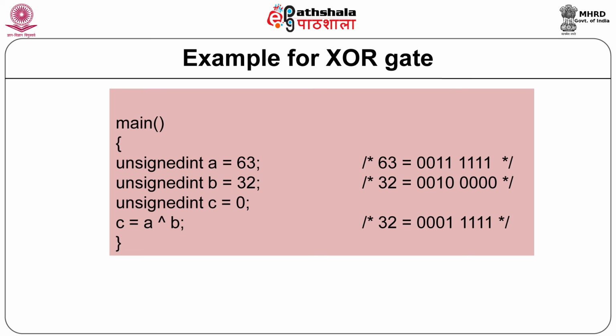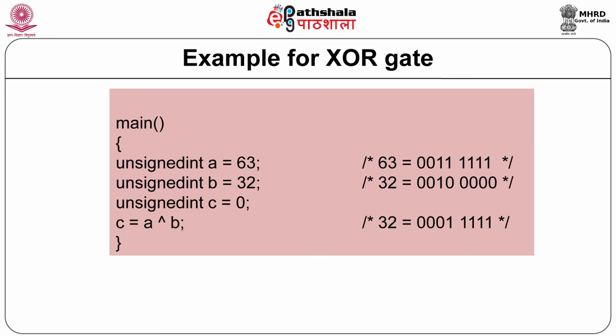This is the binary of 63. The binary of 32 is also given, and here we are considering C equal to A XOR B. It means the A binary and B binary are XORed, and the result will be stored in C.